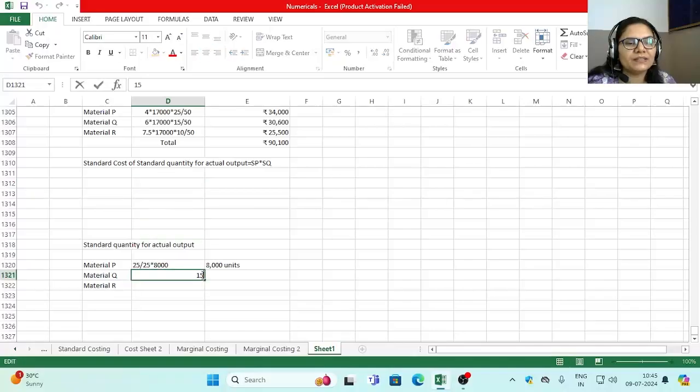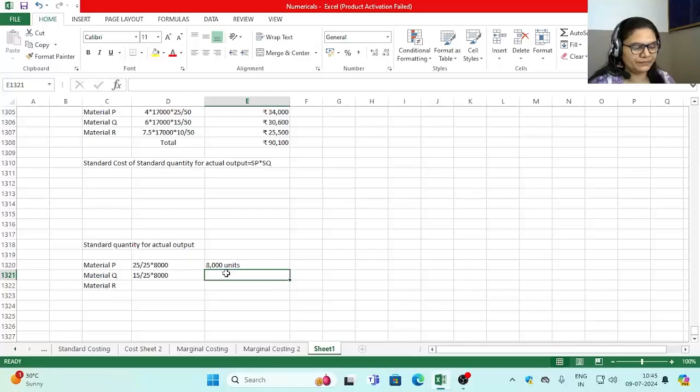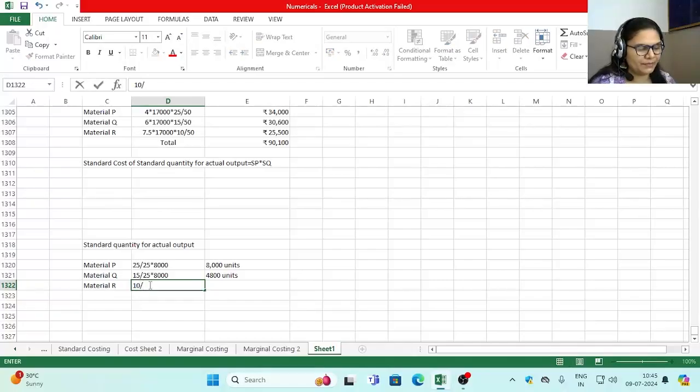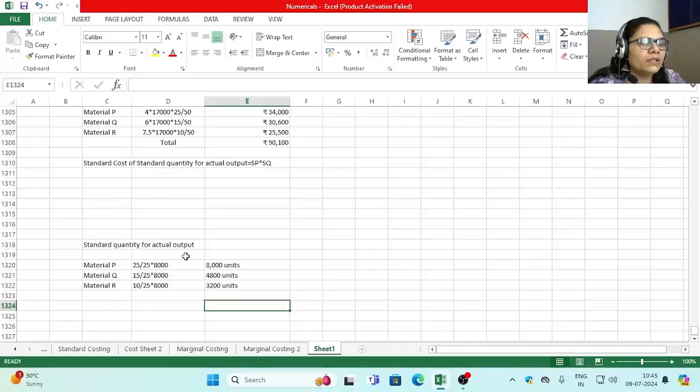So in this case, 15 divided by 25 into 8,000 will give you 4,800 units. Next is 10 divided by 25 into 8,000. It will give you 3,200 units. So this is the standard quantity for actual output.